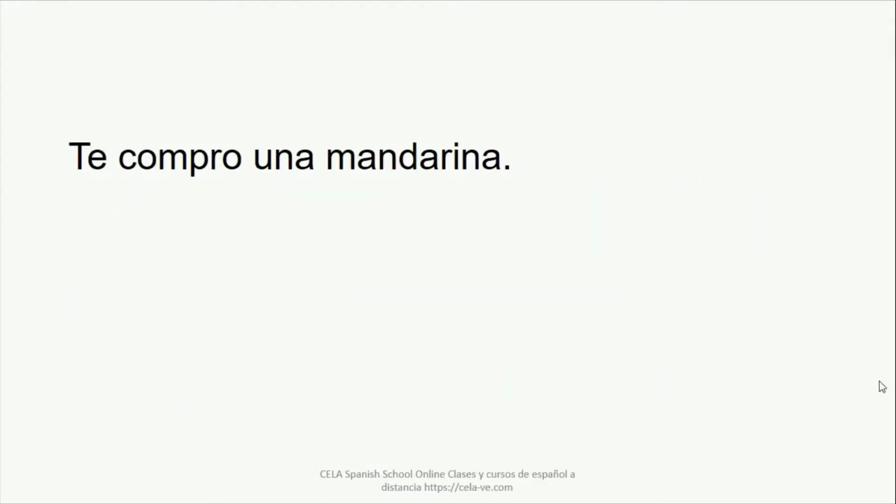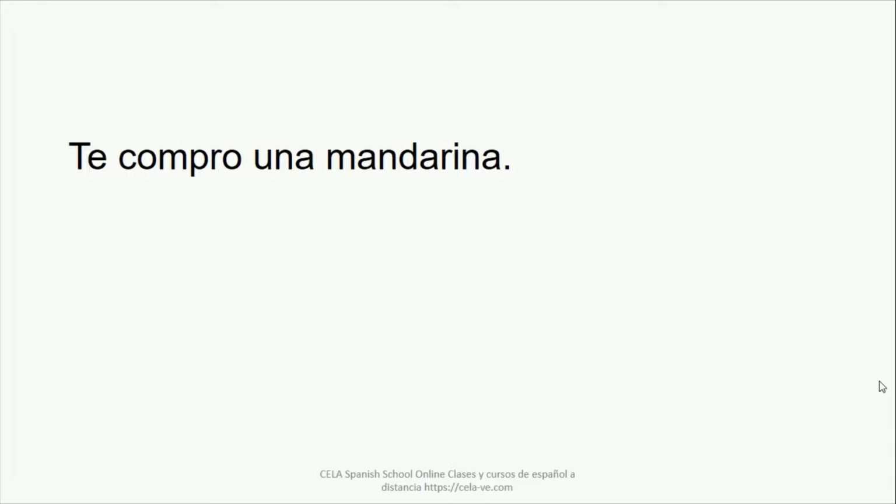Now, let's talk about other elements in the sentence. Te compro una mandarina. I buy you a tangerine. Now, let's find the subject of the sentence. Who does the action?